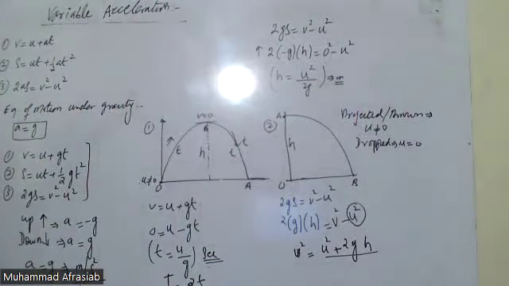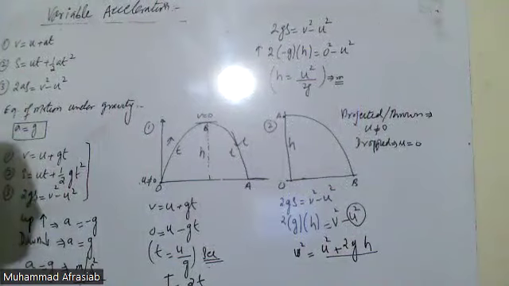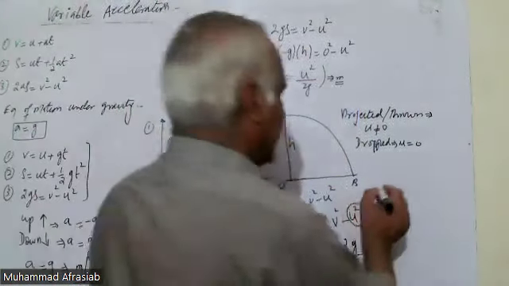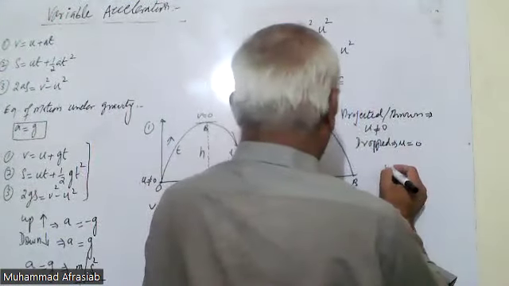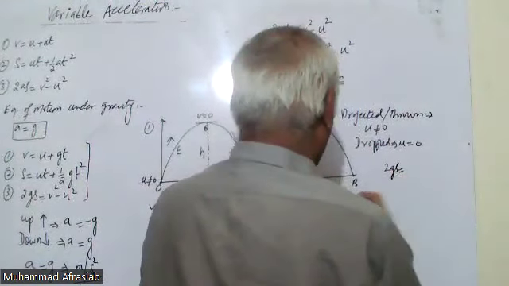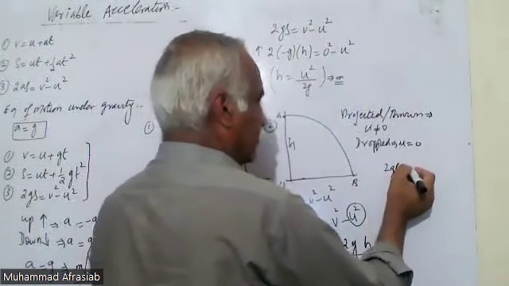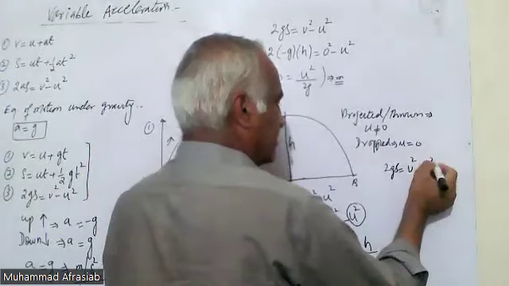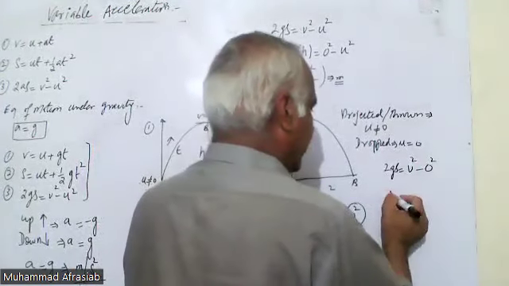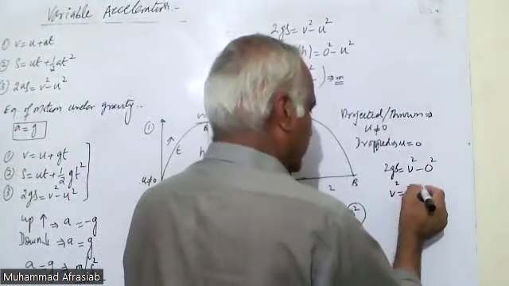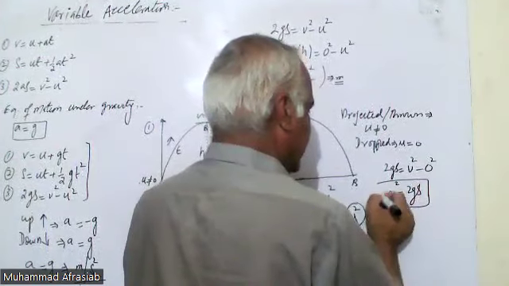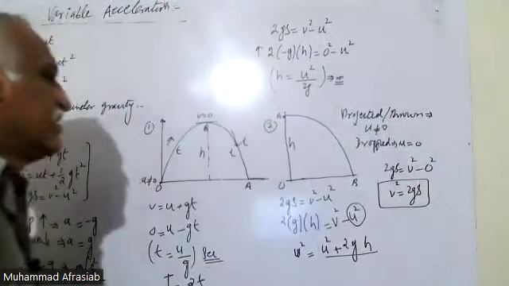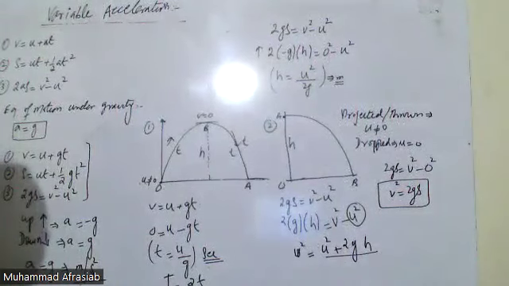But if it is dropped from point A, then u is equal to 0, so v² = 2gh is the final velocity of that particle before touching the ground.